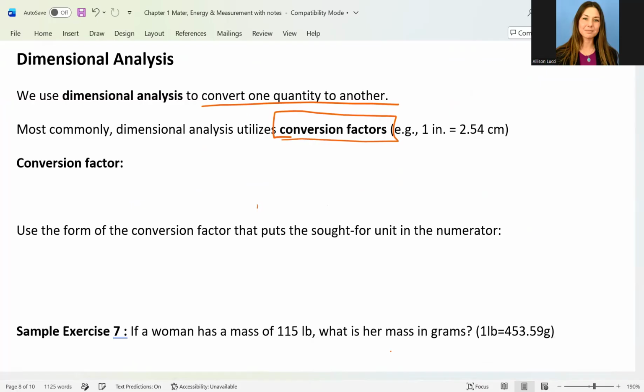So whether it's from one unit system to another, like the English system to the metric system, like we see here, 1 inch equals 2.54 centimeters. Or we could have conversion factors within the same unit system, such that there's 1,000 grams in 1 kilogram.